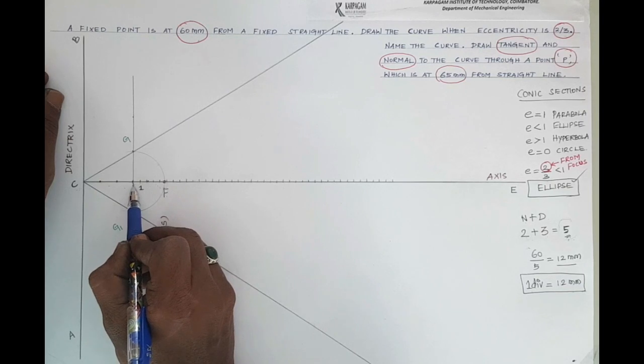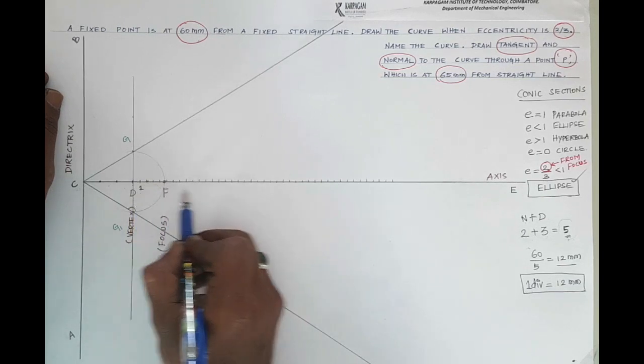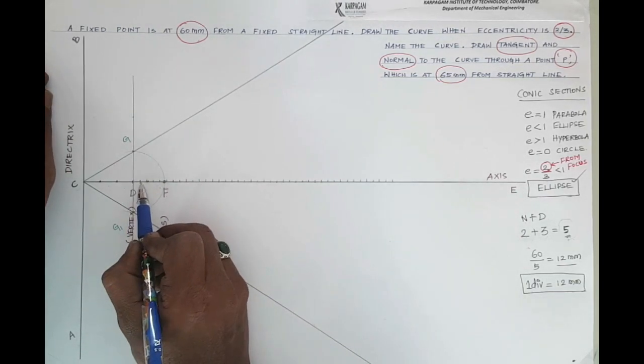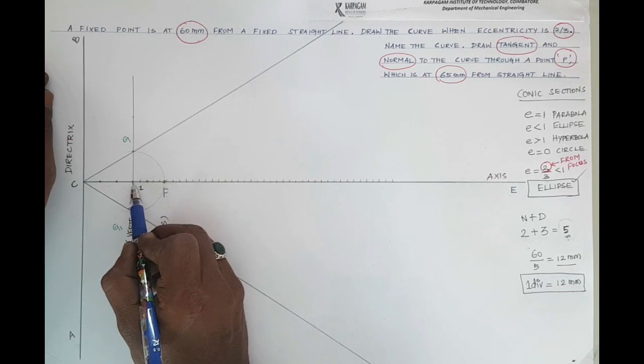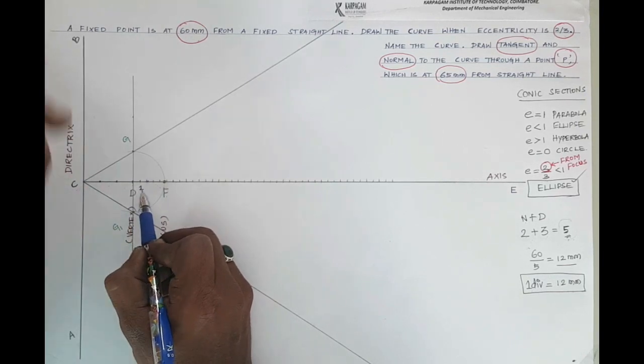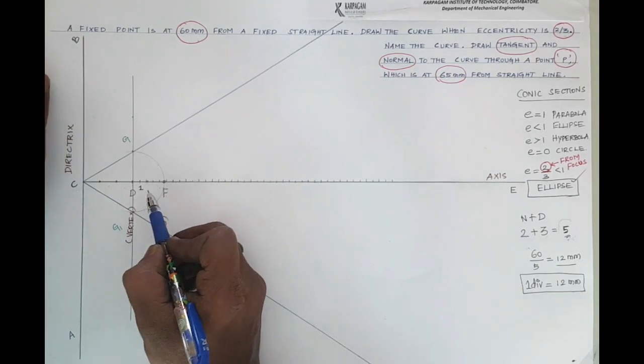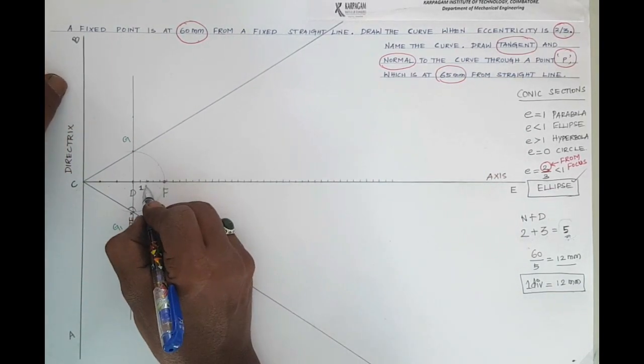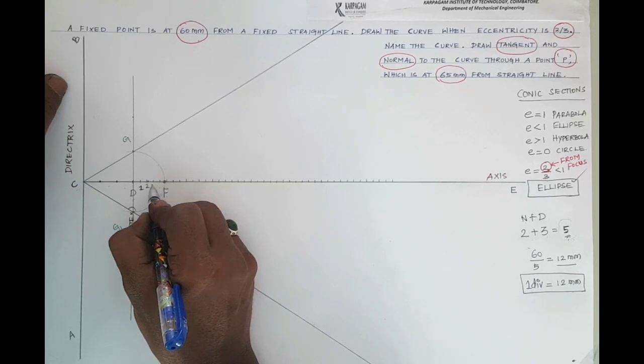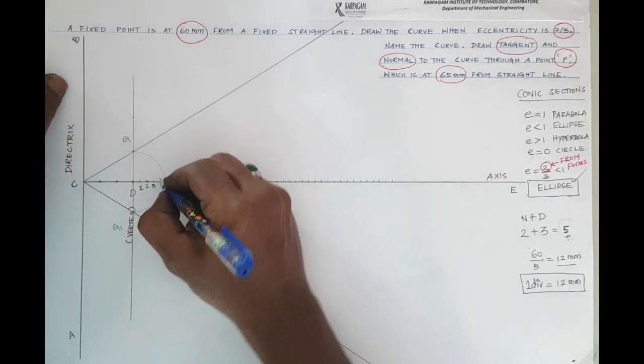Don't mark this one on point D because D has already been marked here. So start to mark the points after point D. After the point D, this is the first division, so I am marking 1, and next point is 2, and 3.